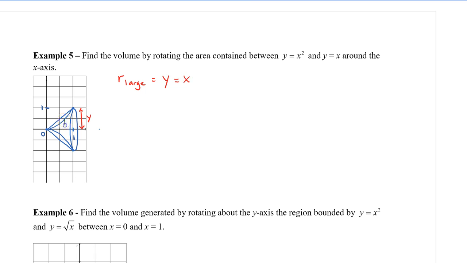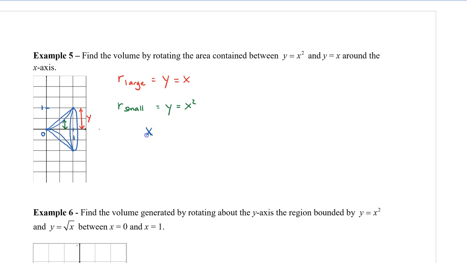The radius of the smaller ring, let's say it was this one here, is also equal to y, and the equation of that one is going to be x squared. So we want to find out where these intersect, and from the diagram we can see that it's going to be at 0 and 1, but let's say that you didn't know that.